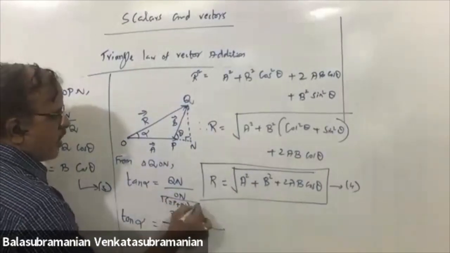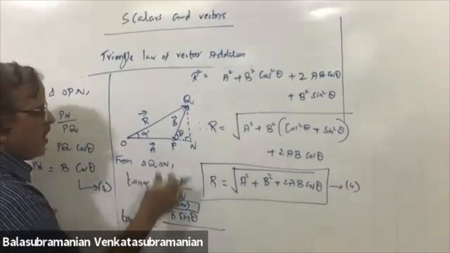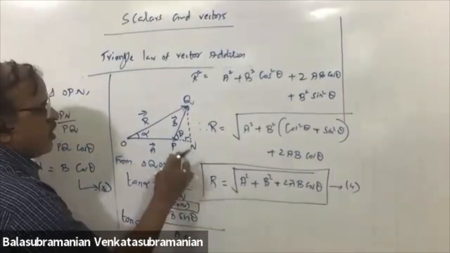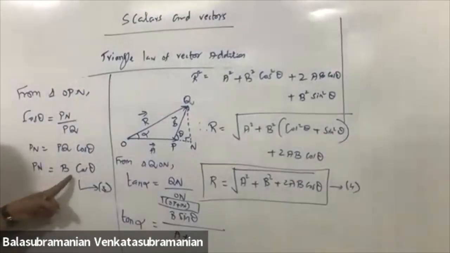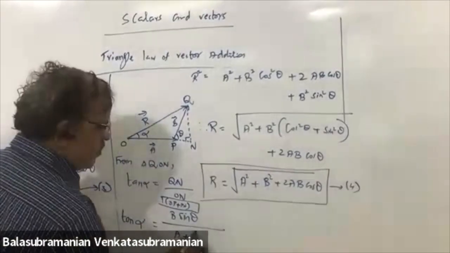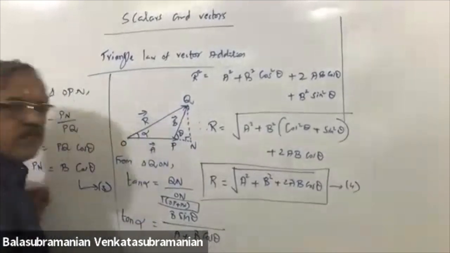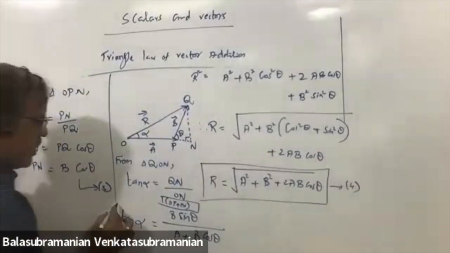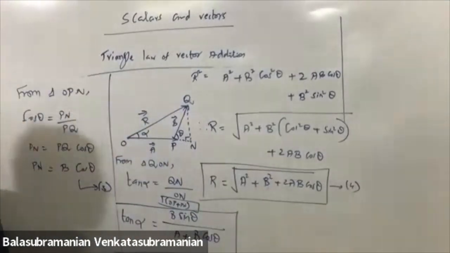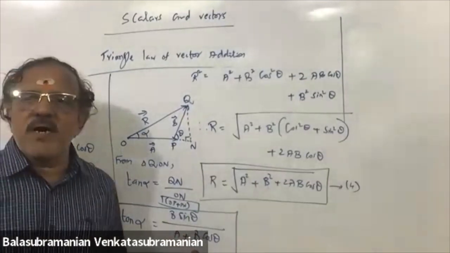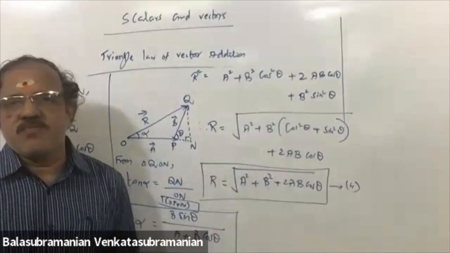OP is A, PN is B cos theta. So tan alpha is equal to B sin theta by A plus B cos theta.